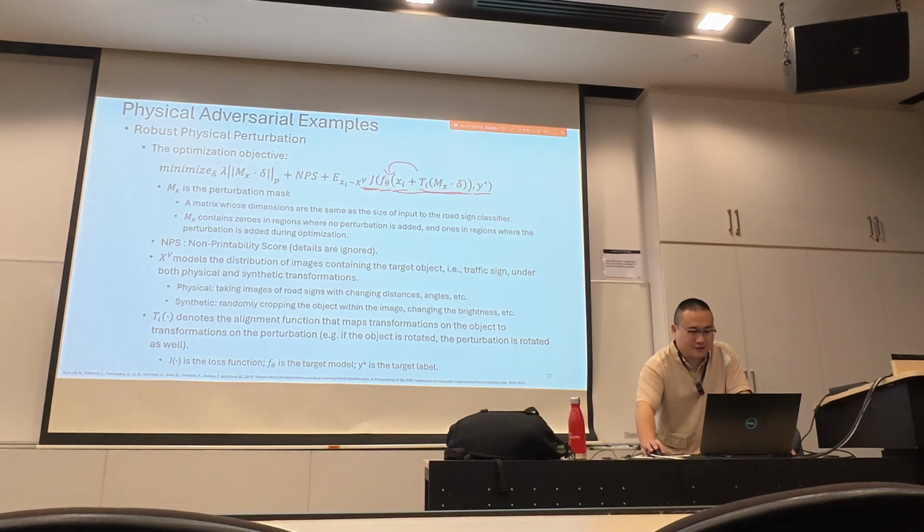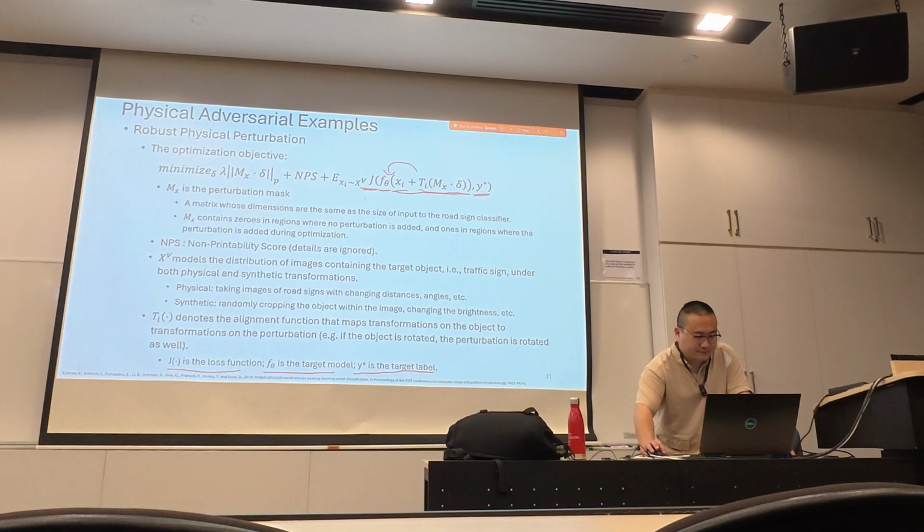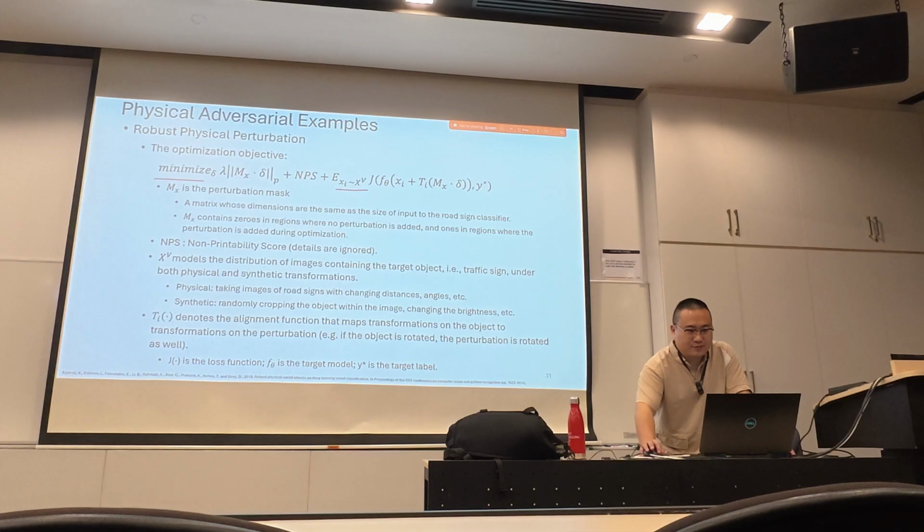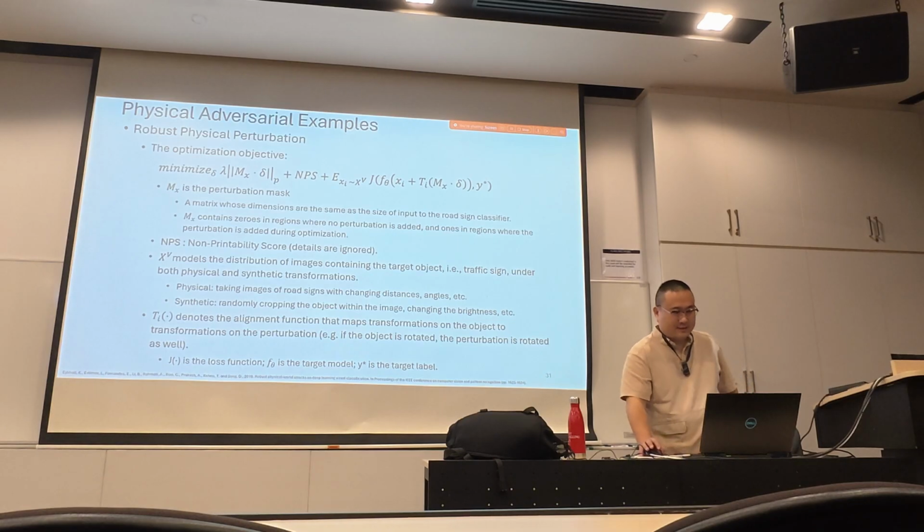J is the loss function, f is the target model, and y* is the target label. And then we want to minimize the loss with respect to the target label. In this way, we can fool the model to output our target label. So this is the optimization objective that we want to achieve. Any questions about this problem?